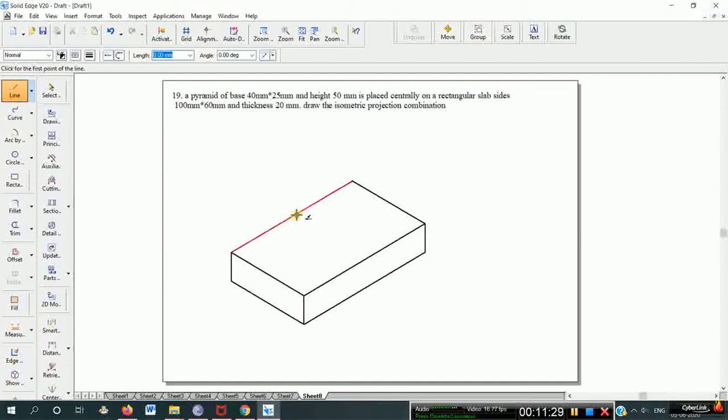So now find the center here. And now the rectangular pyramid is of 40 by 25.